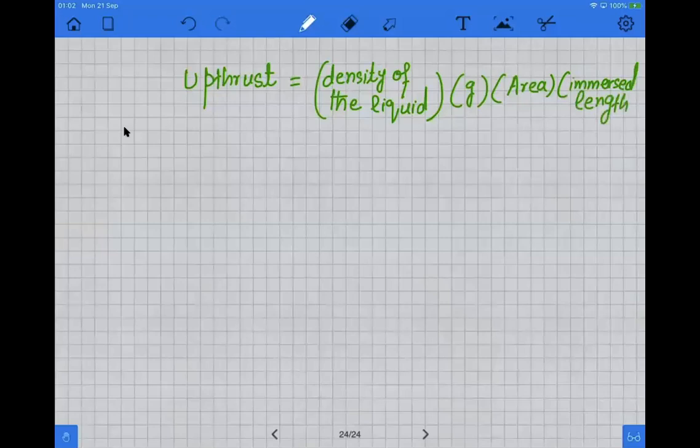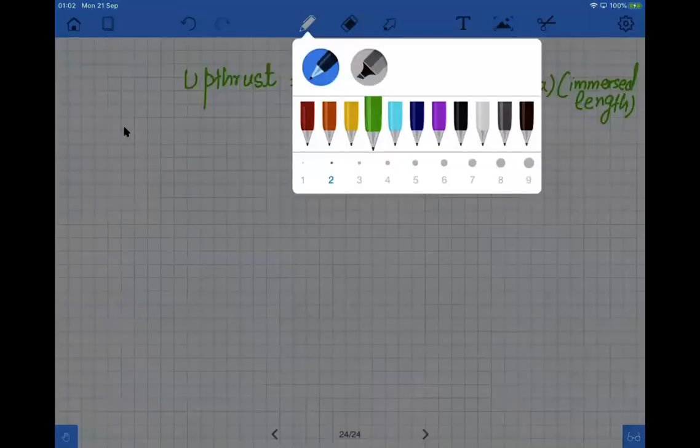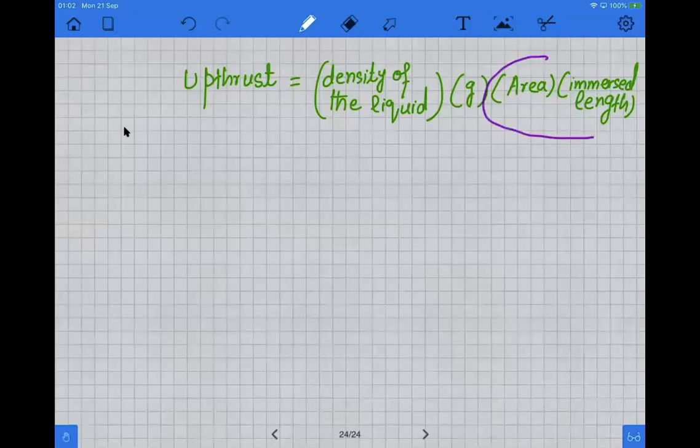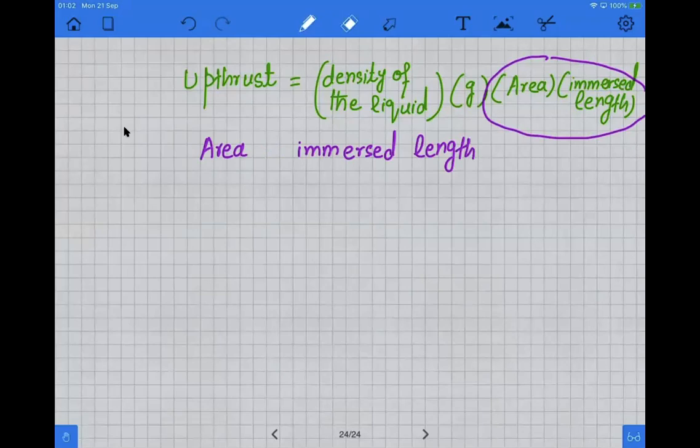Now, a more refined form of this formula: if you combine these two terms, area into immersed length can be written as immersed volume. Multiple of area and length is volume, but when you multiply area and immersed length, it becomes immersed volume.